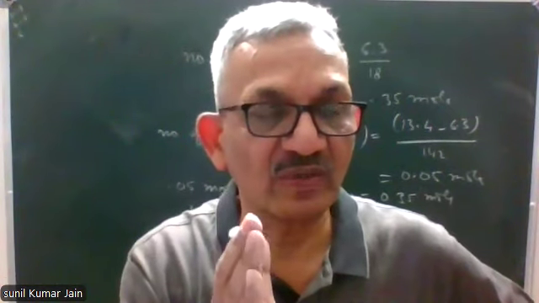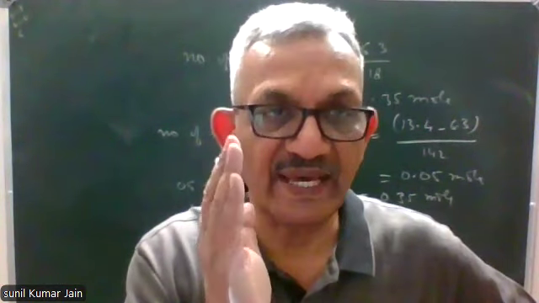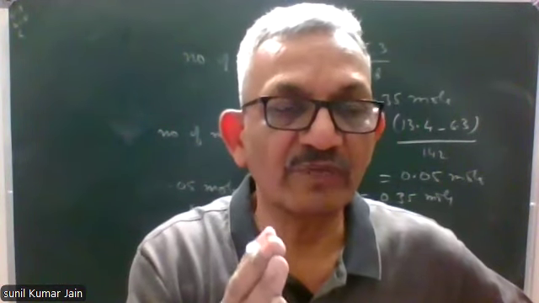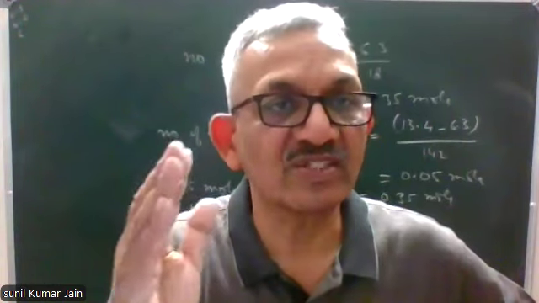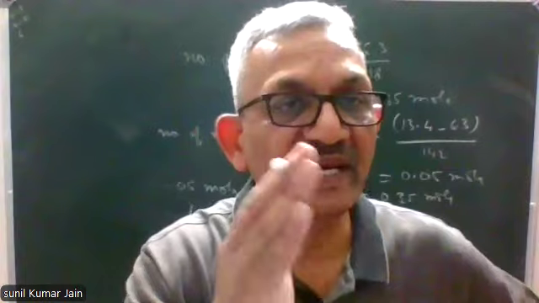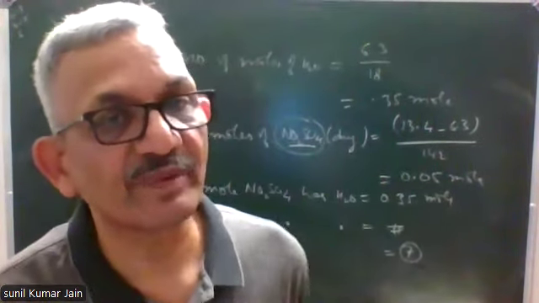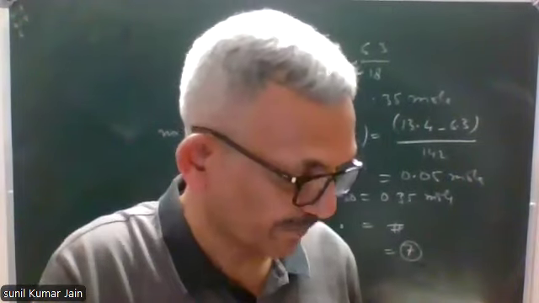This language is there in your notes also. I'll repeat. Atomic weight of an element is the average of atomic weights of all isotopes of the element in the proportion in which they exist in nature. So that's why values are fractional. If you remember, I gave you the example of chlorine.